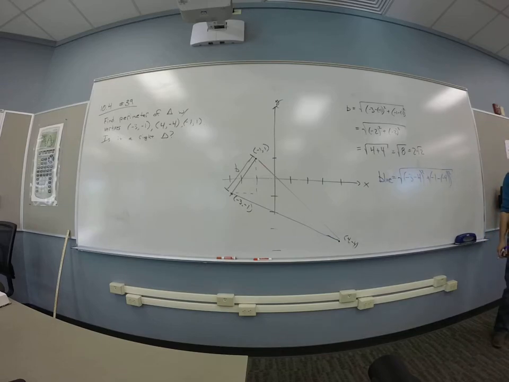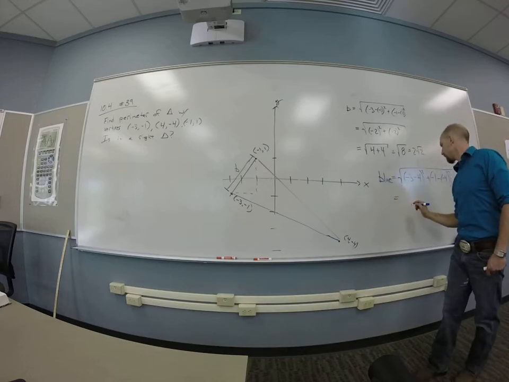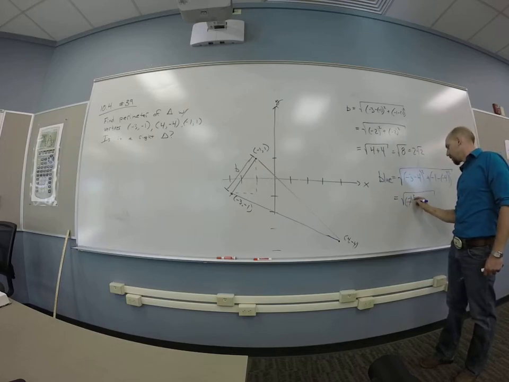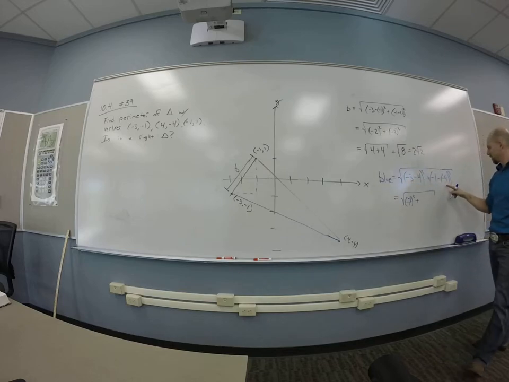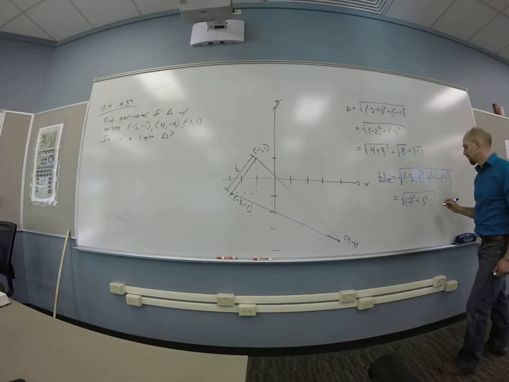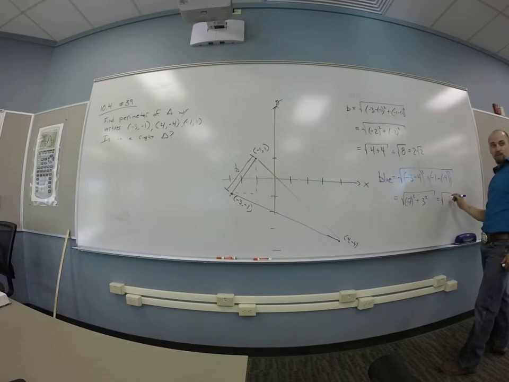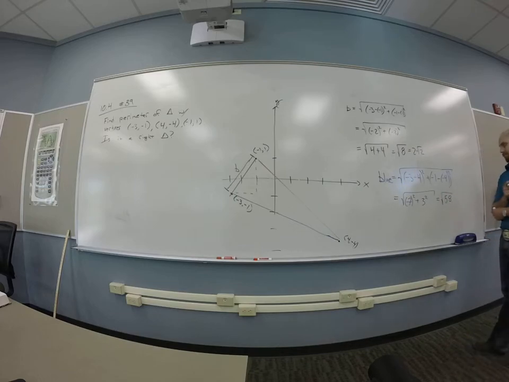Cool. All right, so what do I get in here? Negative 7 squared, that's 49, plus, negative 1 plus 4 is 3 squared, which is 9. So I get the square root of 49 plus 9, which is 58. Yucky number, right? But it's a number.